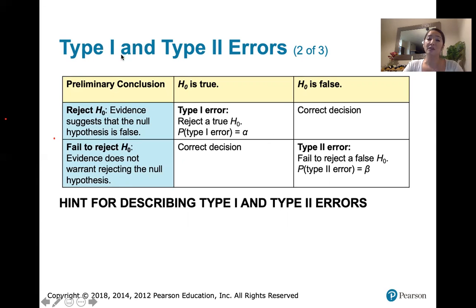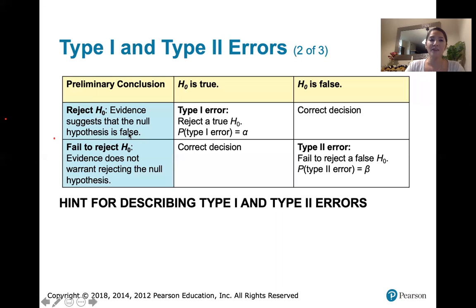Now in this first column, this leftmost column, we see not what's actually true or false, but what evidence suggests is true or false. So maybe evidence suggests that the null hypothesis is false. So we've got an extreme value of the sample statistic and we reject the null.